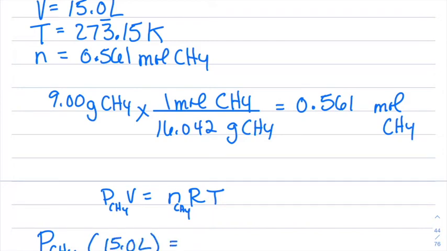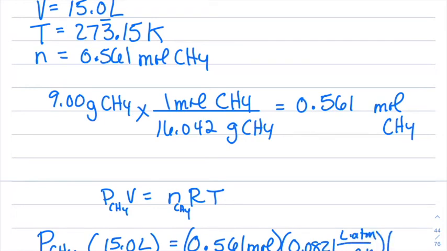We know our number of moles to be 0.561. We have our R value, 0.0821, and we have our temperature of 273.15. Scoot everything over a little.